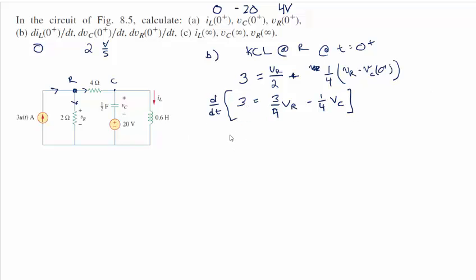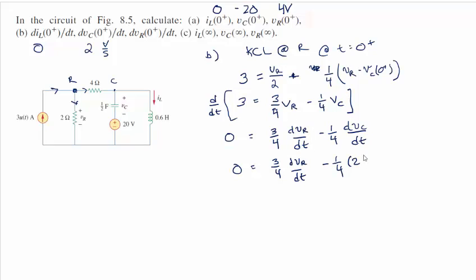So the derivative of a constant is 0, and that will be 3/4 dVr dt minus 1/4 dVc dt. We have a value for dVc dt. So 0 equals 3/4 dVr dt minus 1/4 times the value we have, which was 2 volts per second.